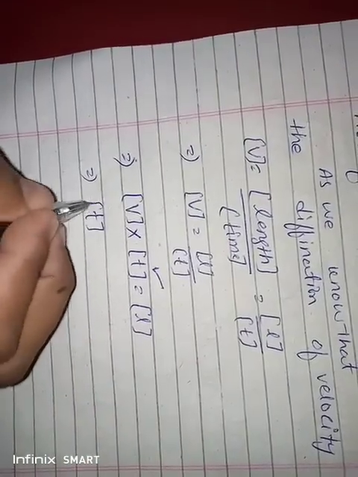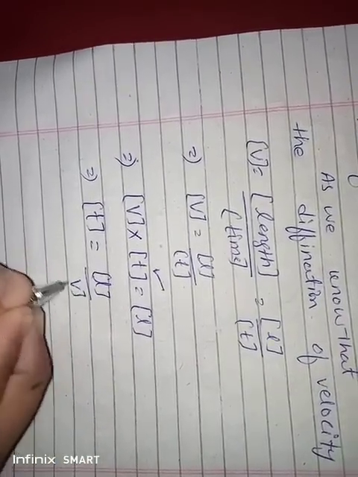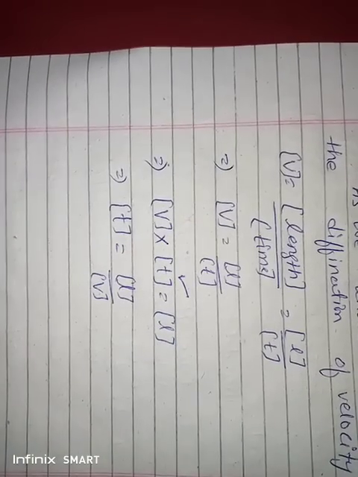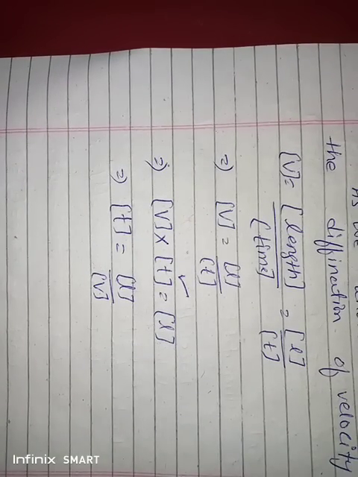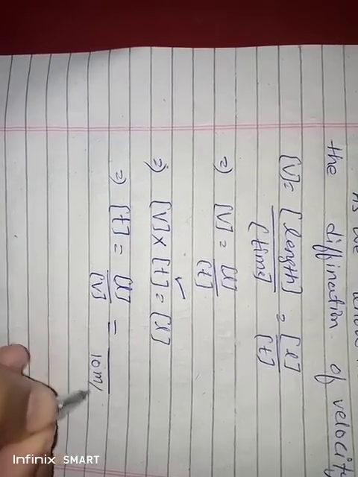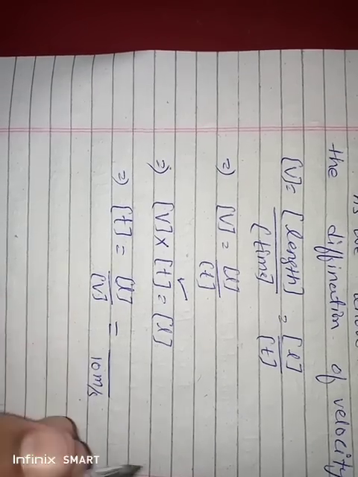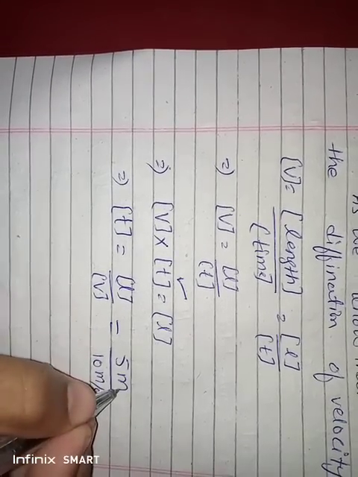We need the unit of time, so time T remains as it is, and T equals L divided by V according to math rules. The velocity of the particle is given, that is 10 meter per second, and we found the length recently, that is 5 meter.